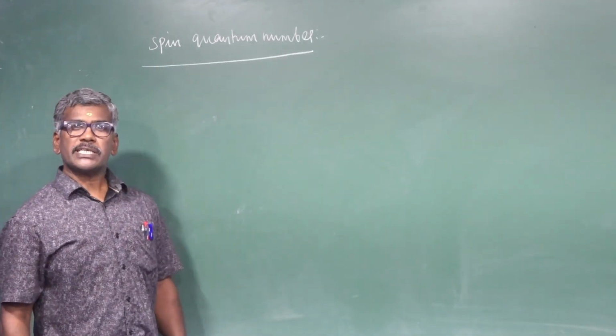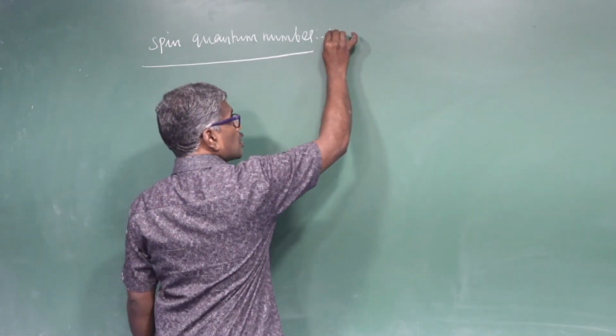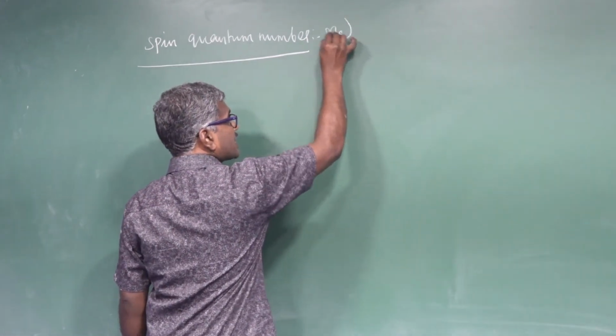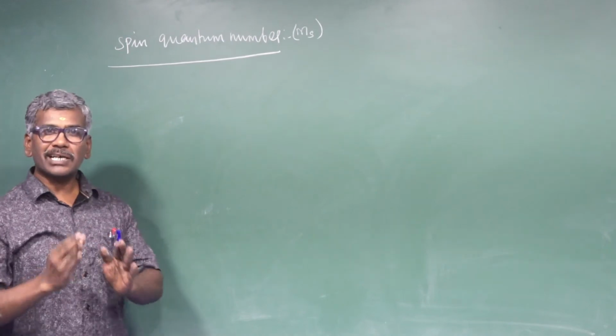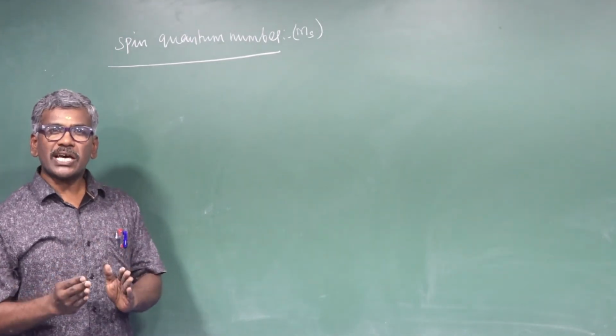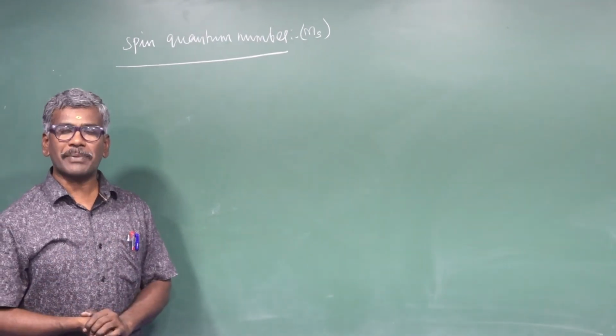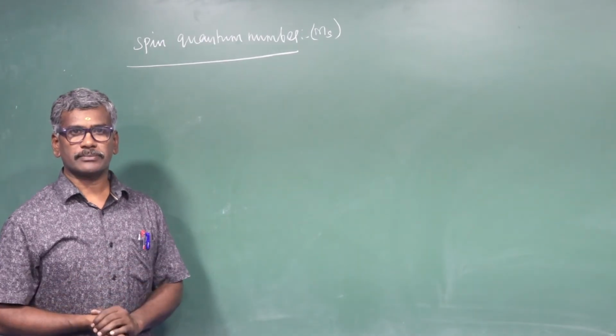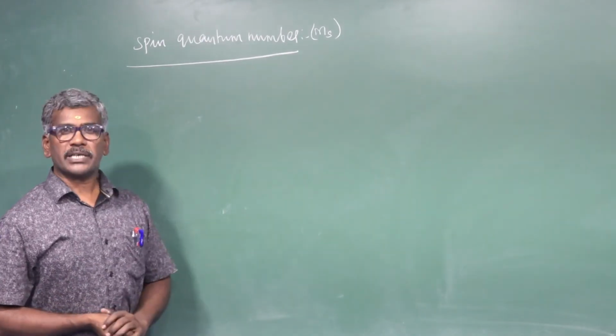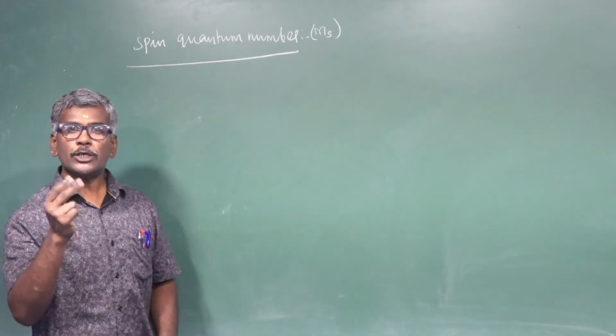Spin quantum number is denoted by small m with suffix s. It determines the direction of spin of the electron. Spin quantum number has only 2 values.